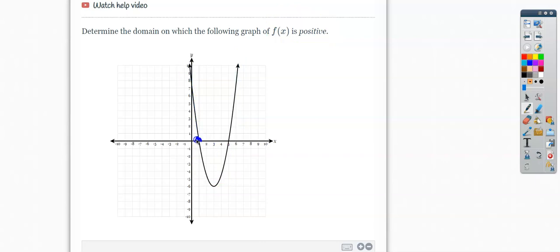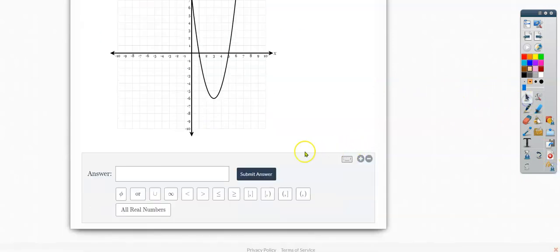So it is positive when it is less than 1, and it's positive when it's greater than 5. Since that's 2 sections, we're going to write that 2 ways. When x is less than 1, and then we're going to type this union symbol. That means and. And when x is greater than 5, that is when it's positive.